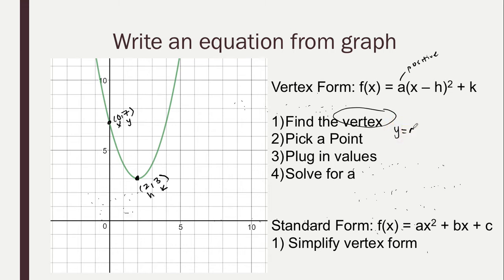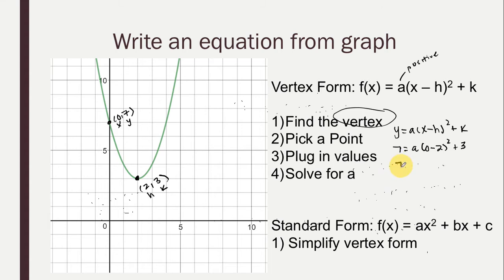So y equals A, x minus h squared plus k. My y value we found is 7. I don't know A, that's what I have to solve for. The x value is 0. The h value is positive 2, so 0 minus 2 squared. Plus k, my k value is 3, so plus 3.